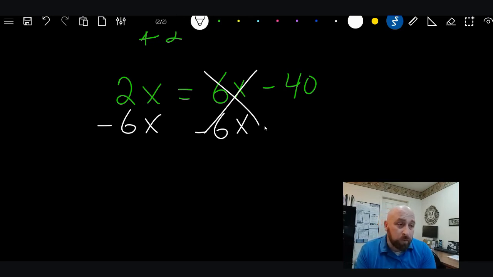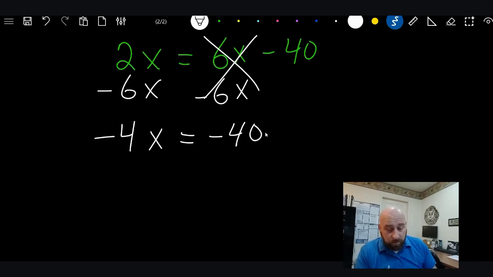Well, in algebra, when you do 2 minus 6, that's hard to do for some of you, but you follow the rules. Change the sign of the second and add. Adding tells us we need to subtract this. 6 minus 2 is 4. The sign of the larger is negative, so that's going to be negative 4x equals negative 40.